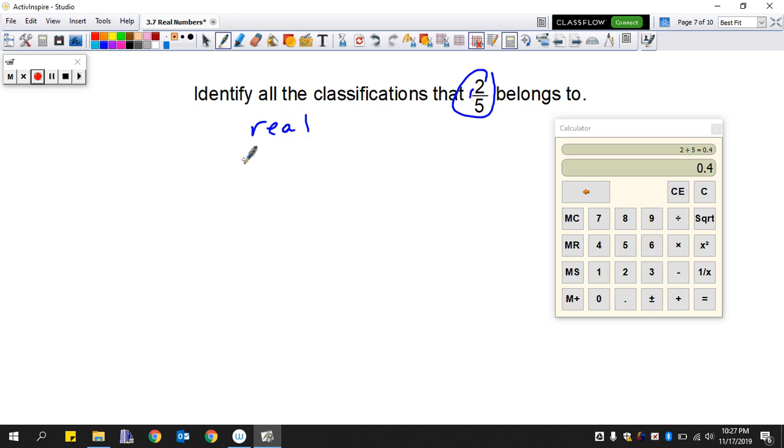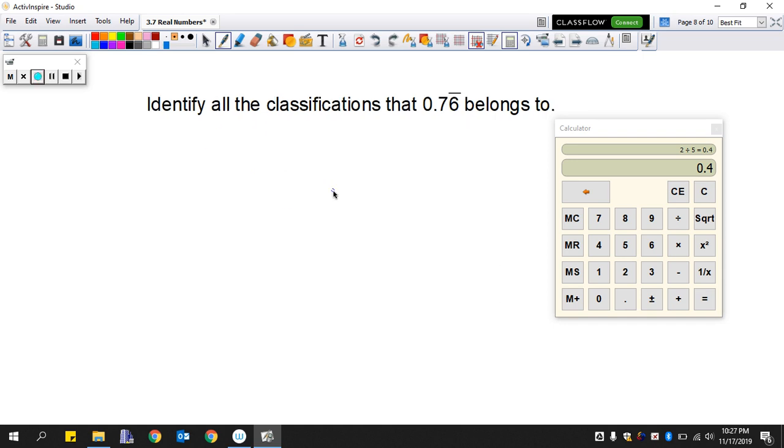It's a rational number because it can be written as a decimal that terminates, or it can be written as a fraction. And is it an integer? No, it's not an integer. It's just a fraction. It's not a whole number. It's not a positive or negative whole number. So it's a real and it's a rational.